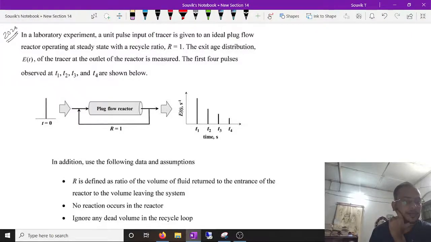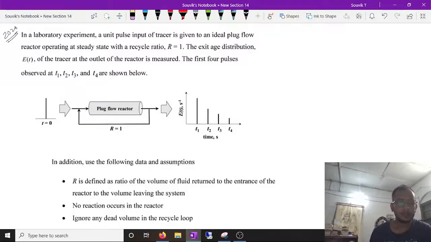As you can see, there is a figure at t equals 0 which shows a singular spike, followed by a plug flow reactor with recycle ratio R equals 1. There is a residence time distribution function graph versus time, or the excitation function as you might like to call it, which shows four spikes at different times T1 to T4.